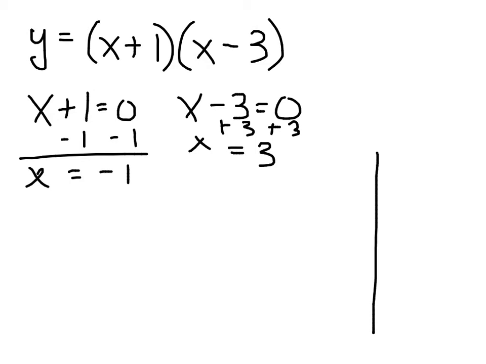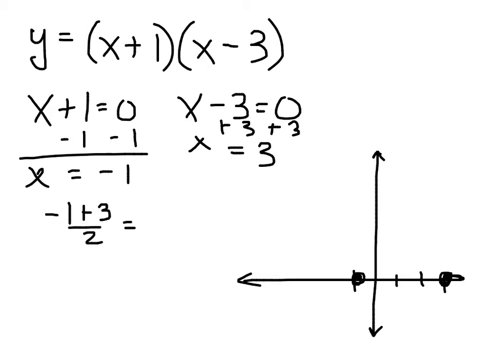Negative 1, make a dot. 1, 2, 3, make a dot. Halfway between those should be my axis of symmetry. So if I take negative 1 plus 3 and divide it by 2, what number comes out? 1.